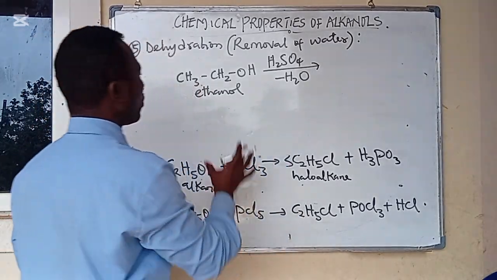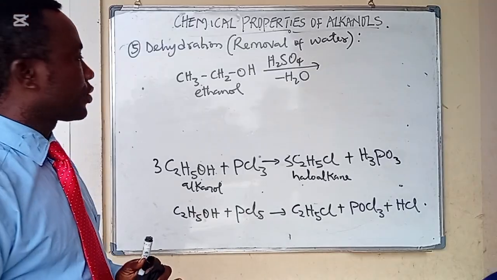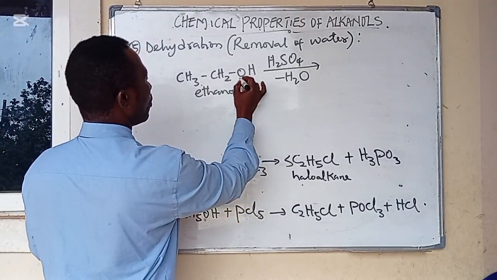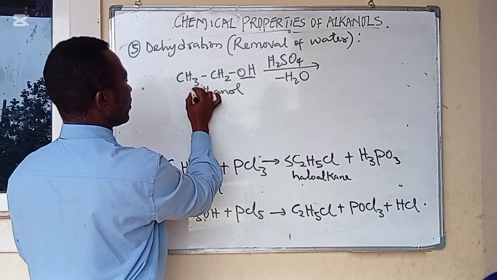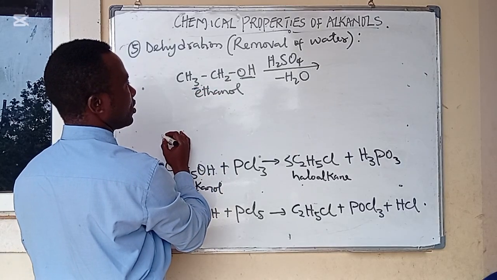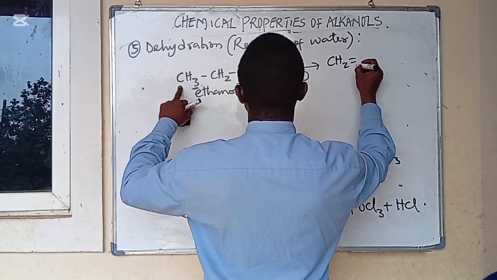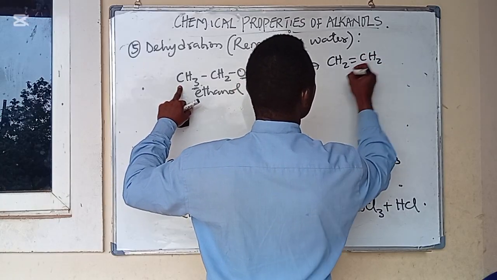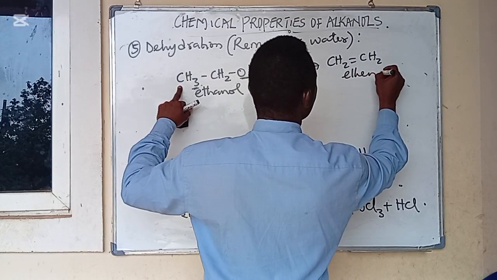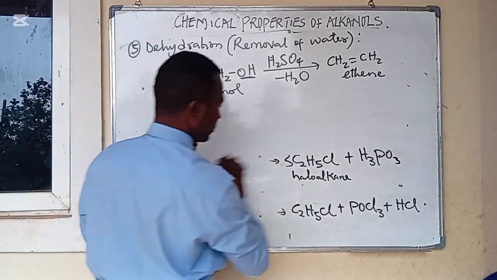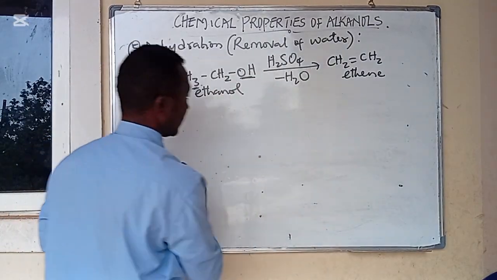Now, when we dehydrate alkanols, you are removing OH here and you are removing hydrogen here, so that what you have is CH2=CH2. This is ethene. Remember, when we dehydrate ethanol, we get ethene.